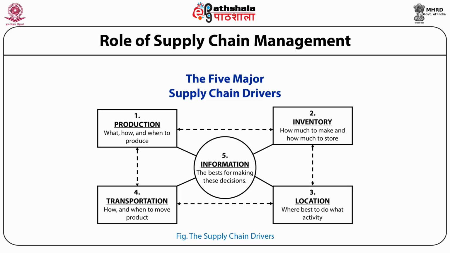The fourth driver is transportation: how and when to move. And the fifth driver of the supply chain is information, which is the basis for making the decision. So this figure defines all five drivers of the supply chain.